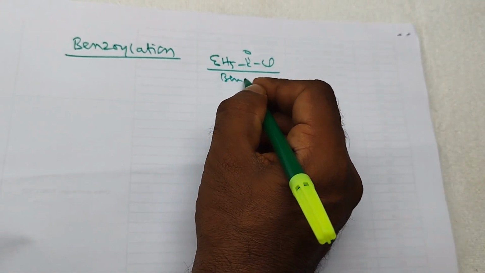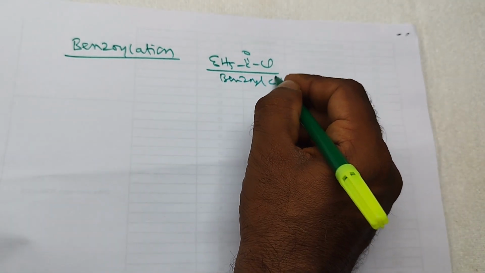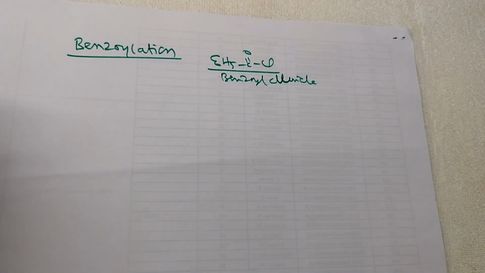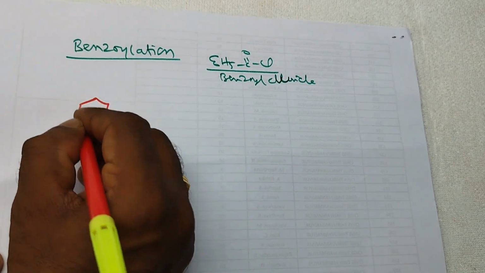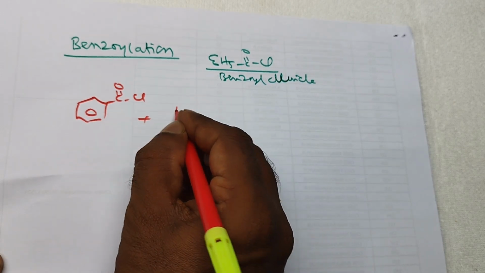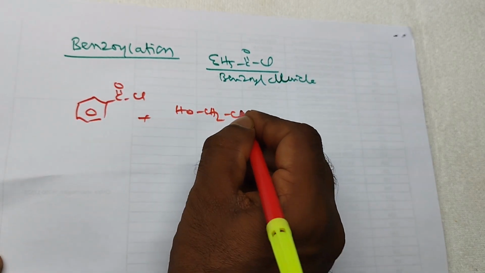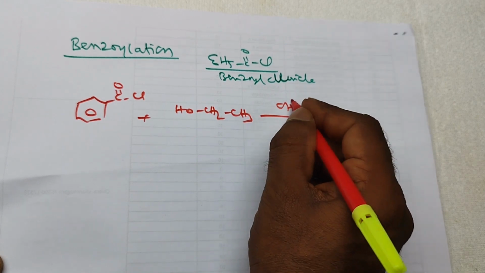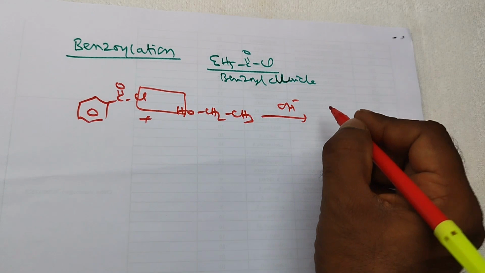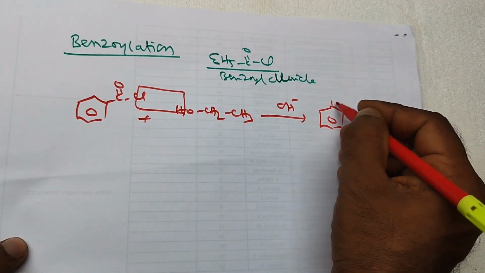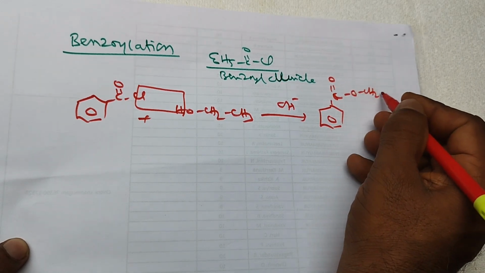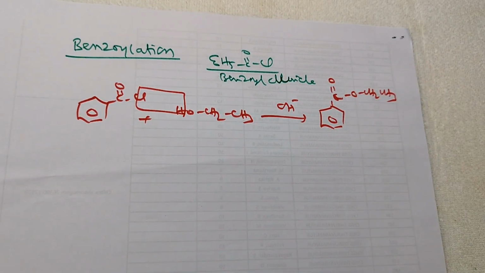We can react benzoyl chloride with ethanol in the presence of a base like sodium hydroxide or potassium hydroxide, just to remove the HCl. So this is ethyl benzoate.